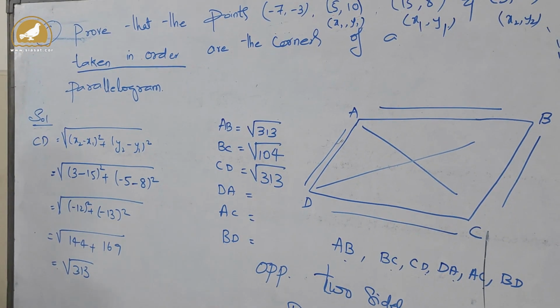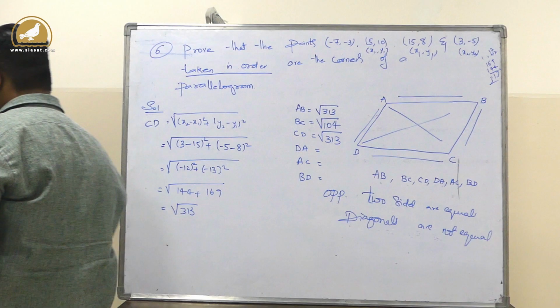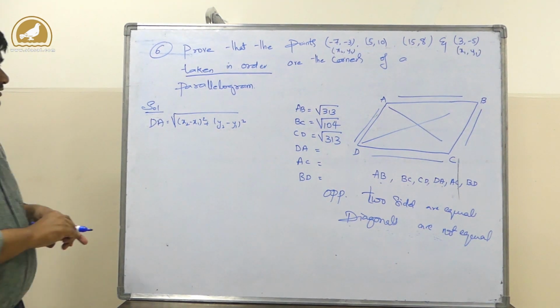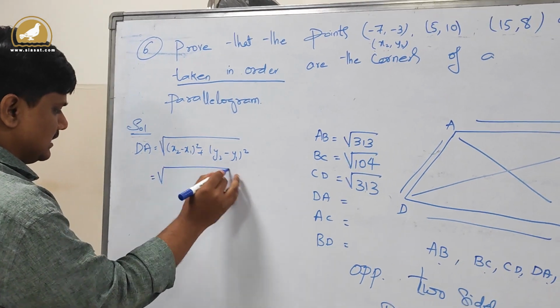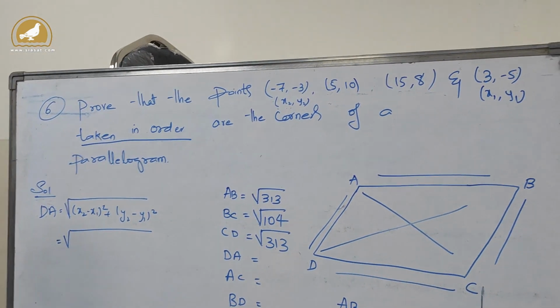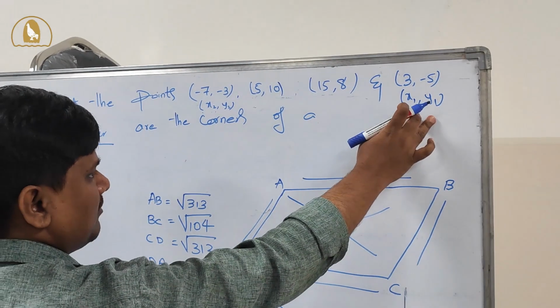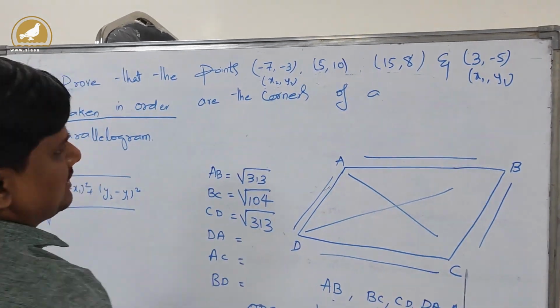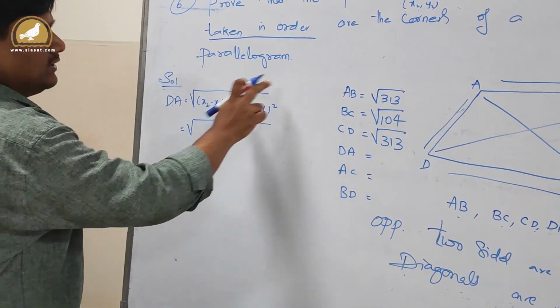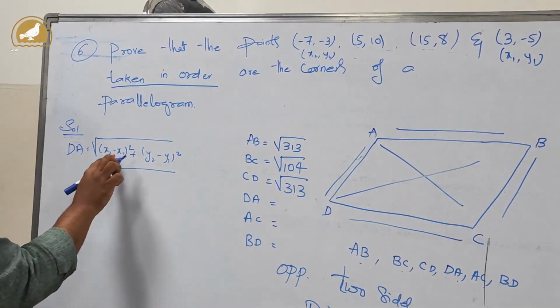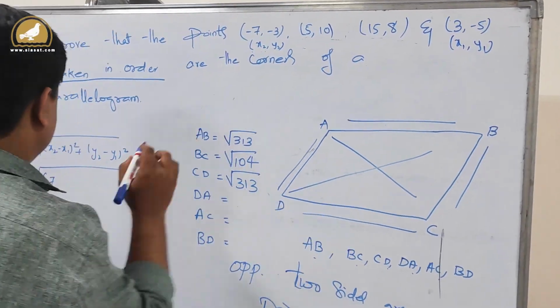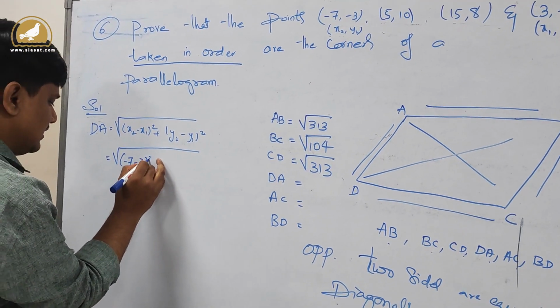Similarly, we will calculate the distance between D and A. When we are calculating DA, D will become x1, y1, A will become x2, y2. So the x2 value is minus 7, minus 3 whole square.